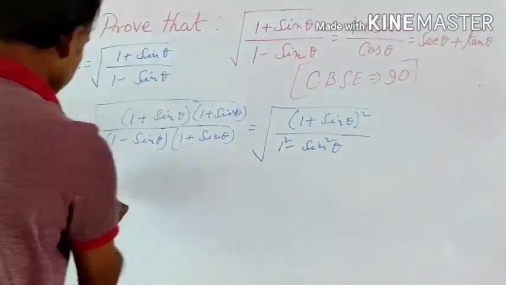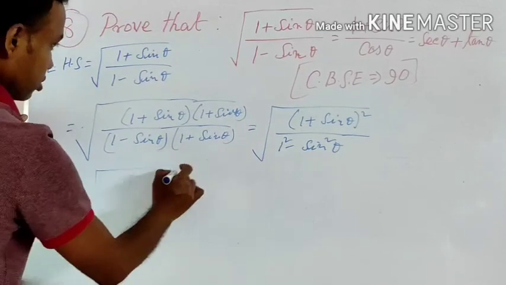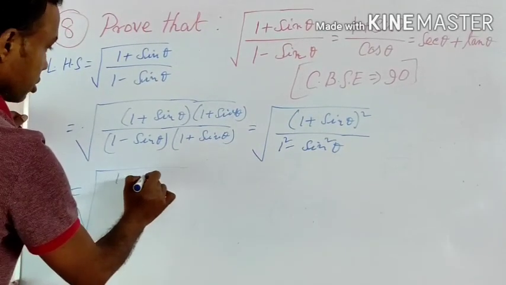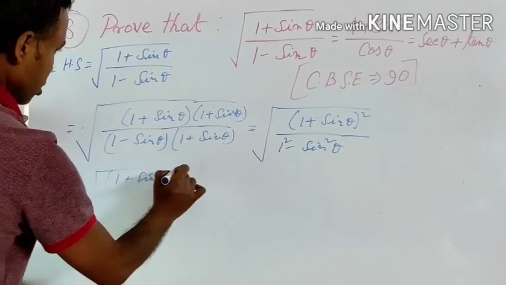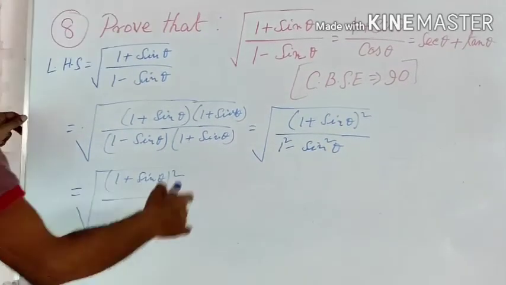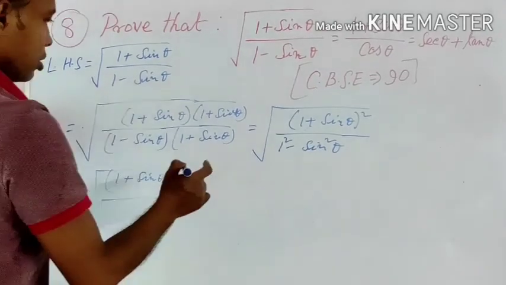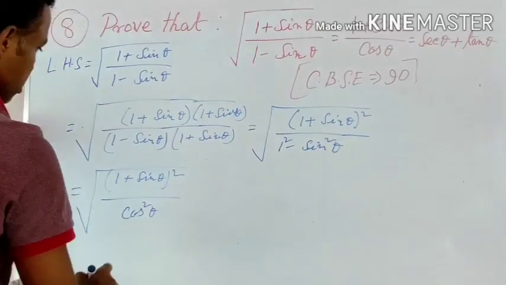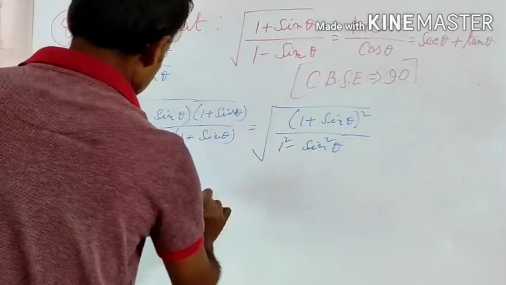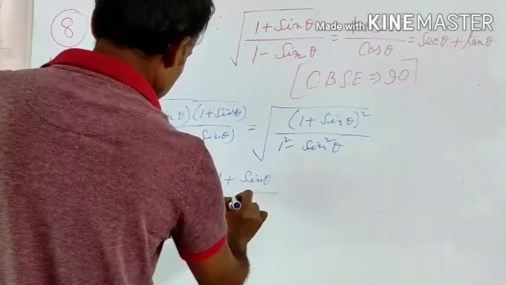This is equal to root over (1 plus sin theta) whole square by (1 minus sin square theta). 1 minus sin square theta is equal to cos square theta. So when it comes out from the root, that is (1 plus sin theta) by cos theta.